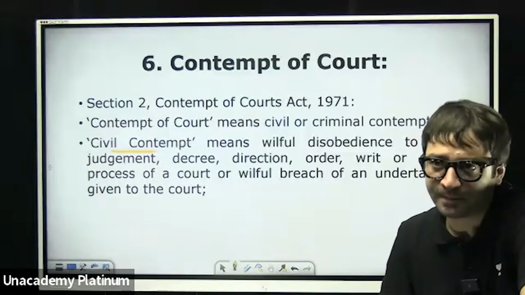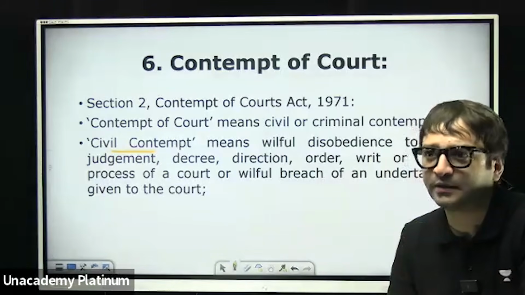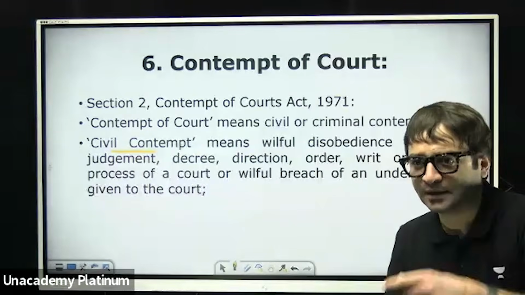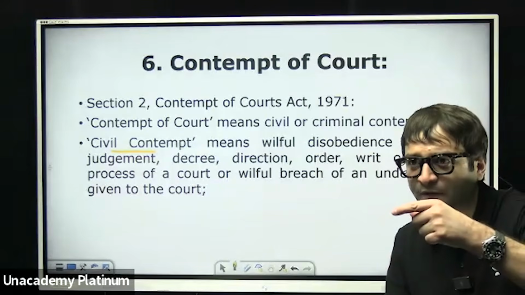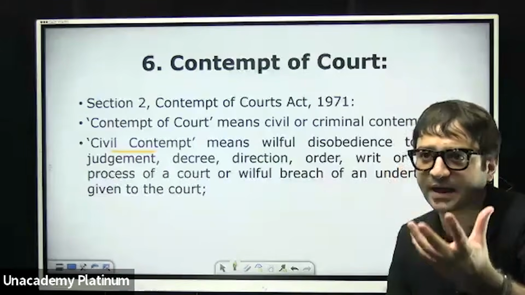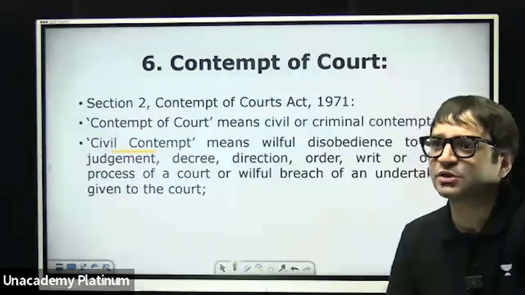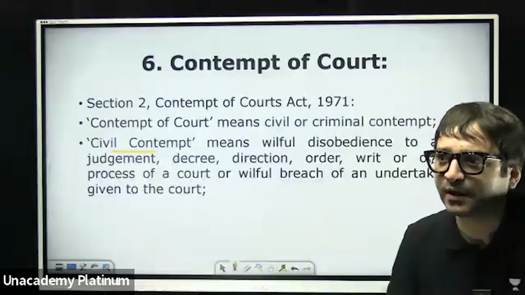What is a civil contempt? For example, Supreme Court gave the verdict in Ayodhya case that this 2.77 acres of land, disputed land, belongs to Lord Ram, and a Ram temple can be constructed on this disputed site. What if the Muslim side say, we will not accept this verdict?